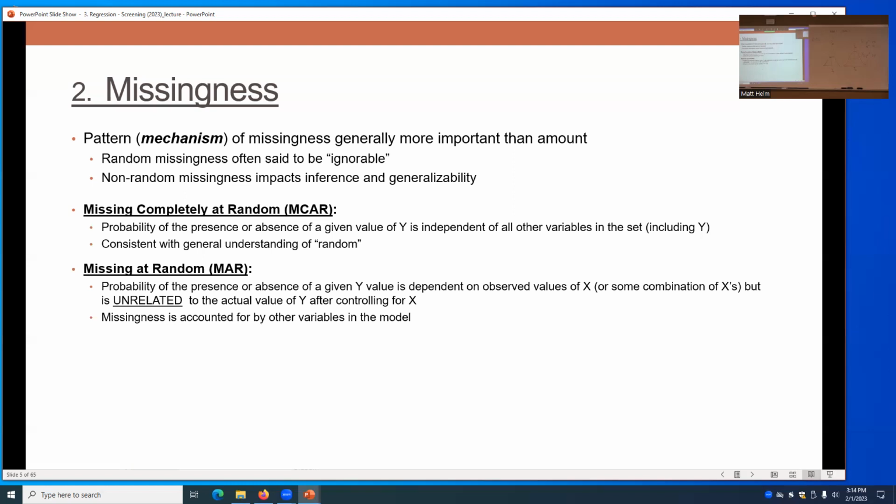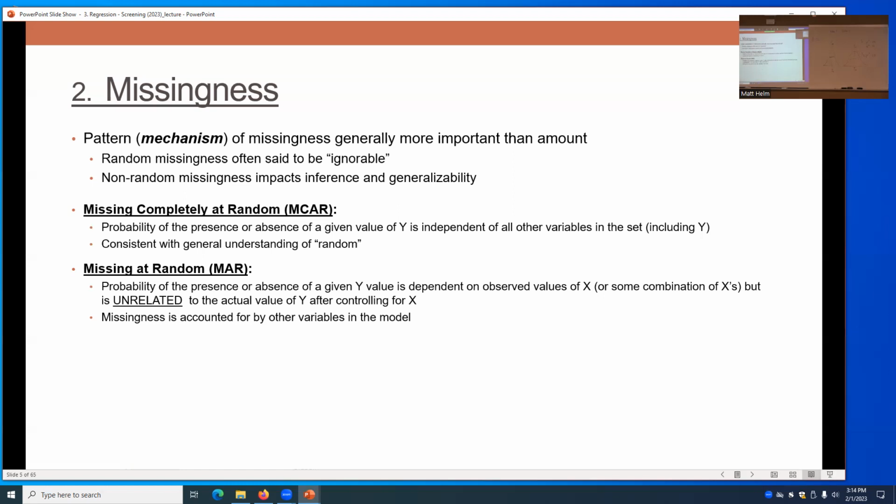Here, what we're saying is that whether or not I'm missing a value on the outcome, I can predict based on something known about the scores on X or this combination of X's, right? So it's for sure not random. I can predict the likelihood or the probability of someone having a missing value or not based on my collection of X values.